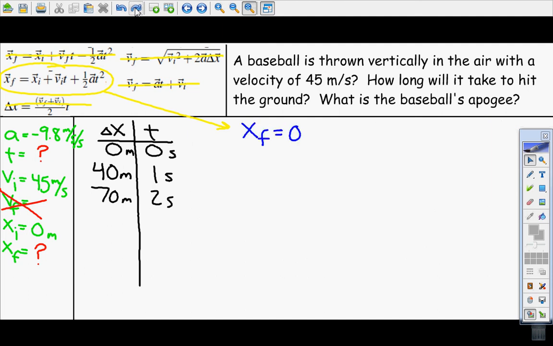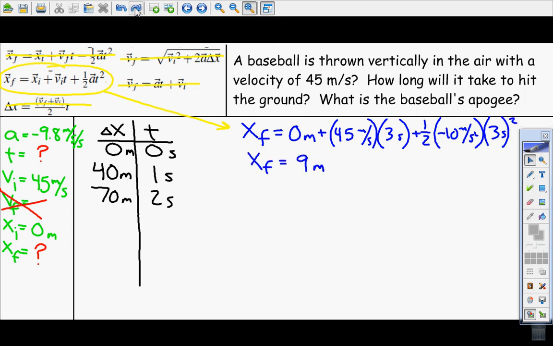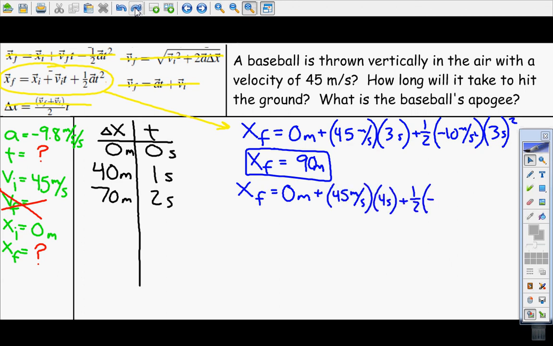I'm not going to go through all of the math again, so I'm just going to set up each problem, because now we're going to look at what if we want to check 3 seconds. With 3 seconds, we find that XF is equal to 90 meters. That's looking pretty good. If we look at 4 seconds, here's all my information, we can find that XF is going to equal 100 meters.